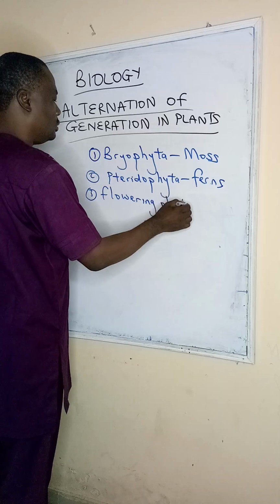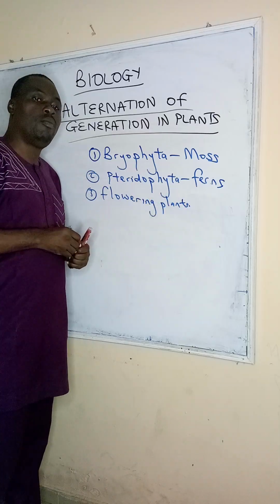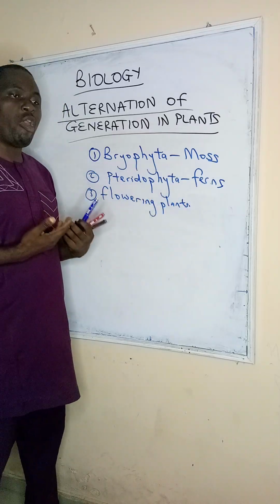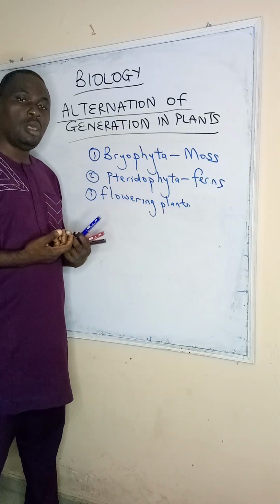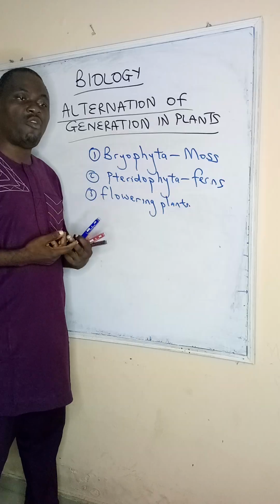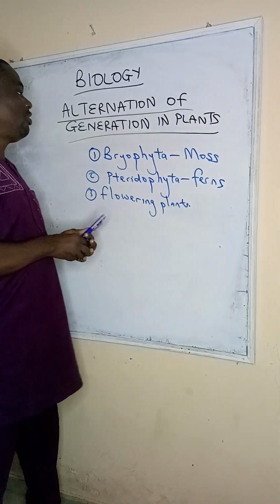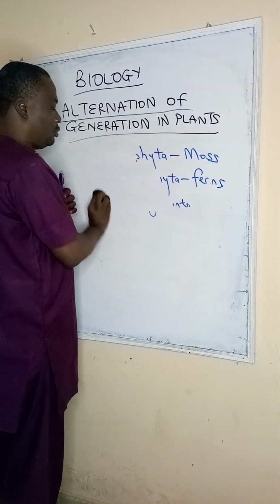For these three types of plants, there are some in which the gametophyte is the dominant plant, and there is one in which the sporophyte is the dominant plant. So let's take the first one. Now let's look at moss.